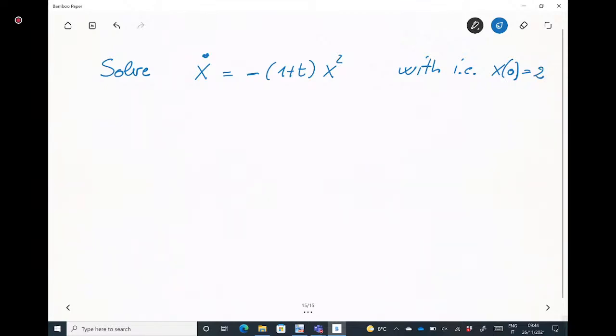This is called an initial value problem, okay? In the theory of differential equations, this is the statement of an initial value problem: finding the unique curve satisfying both the differential equation and the initial condition.